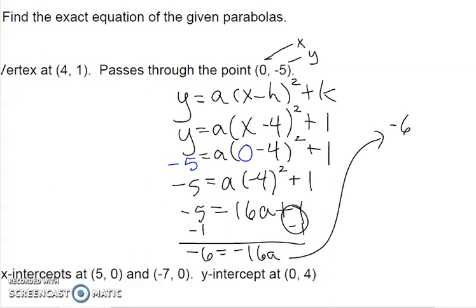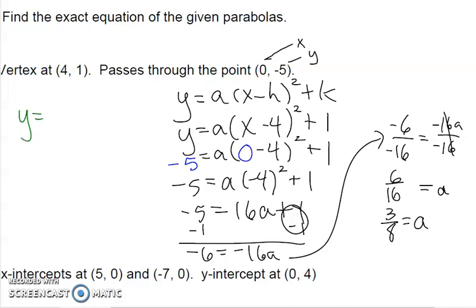And then the last step is we're going to divide both sides by 16 to get a value of 1a. So we end up with 6/16 or 3/8. You divide both the 6 and the 16 by 2. So the final equation is y is equal to 3/8 times x minus 4 quantity squared plus 1.